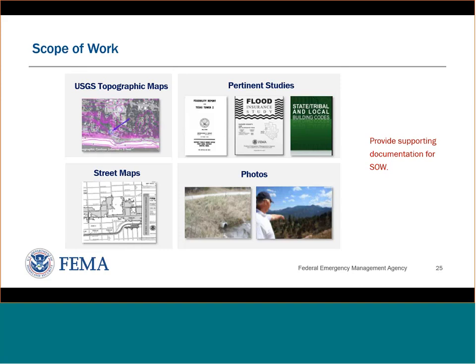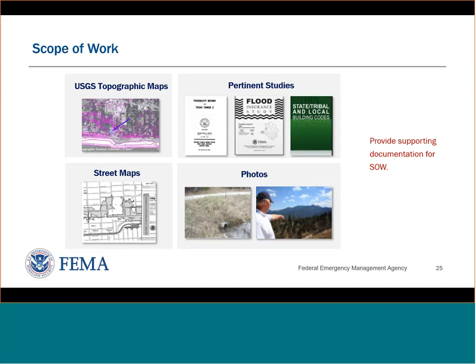Now, for example, studies, what I would suggest is, instead of plopping a 1,000-page study of your community's flood problem in the application, to just pull out those few pages that are most essential, that really help support the story that you're trying to tell.